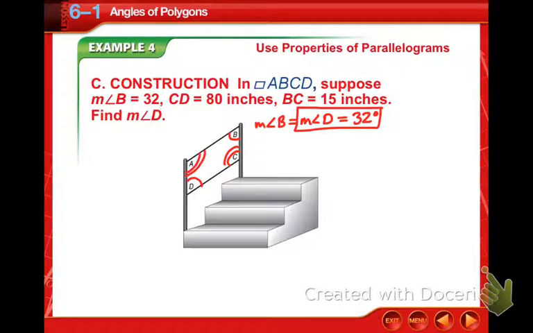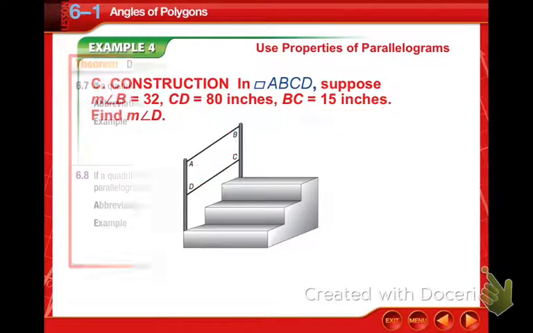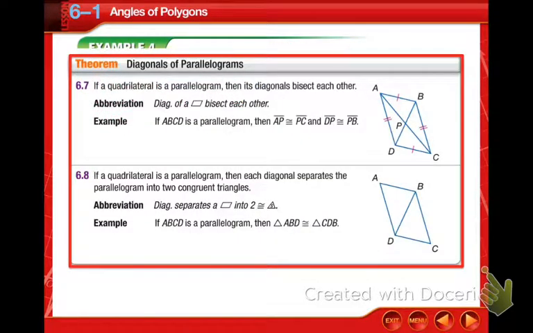And there's our answer. Super easy if you know those properties. These are properties you should have known, really. I mean, I think 7th grade is a common geometry-based math.